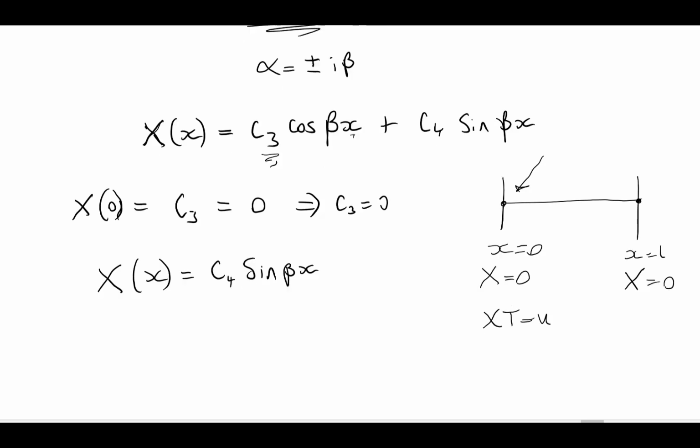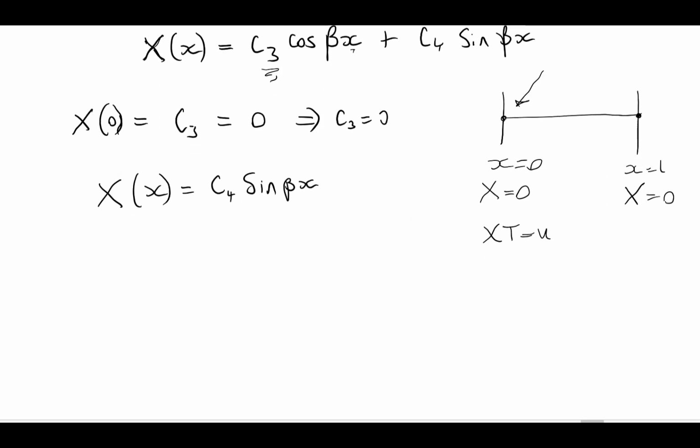So now, again, we use the boundary conditions to our advantage, because we also know that X of L must be equal to 0, which is equal to C4 sine beta x.